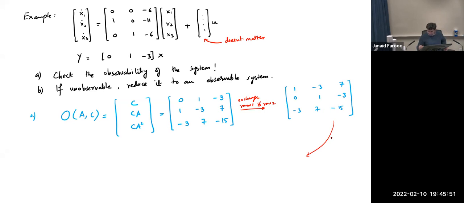Next step here is 3 times row 1 added to row 3.